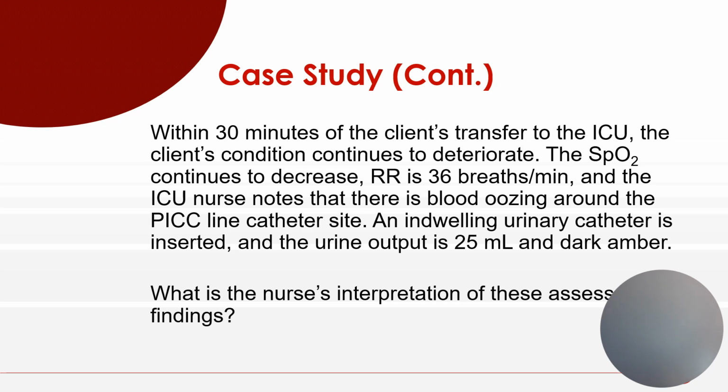And we do know that low oxygenation levels can also cause that change in cognition. We have abnormal vital signs. Surgical wound is most likely infected. We now have blood oozing around that PICC catheter site. This client is likely developing DIC.